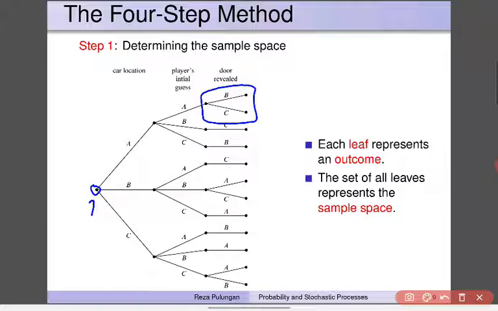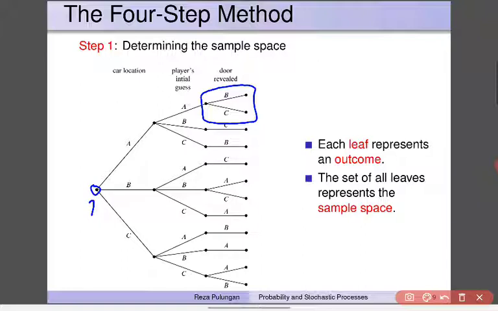If you notice, right now there are not three choices available for us, and there is a reason for this. Let's see this example, this branching. This means originally the car is put behind door A, and then the player selects this door. Now of course the host cannot open this door anymore, because the player has already selected it.